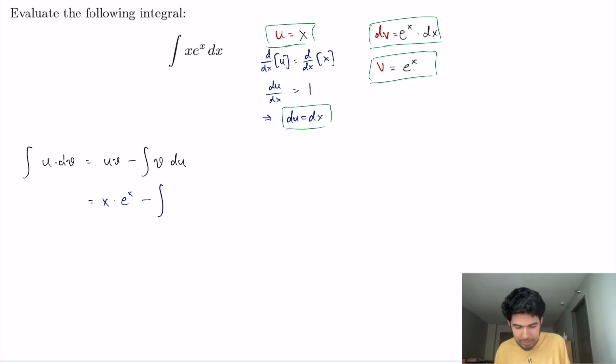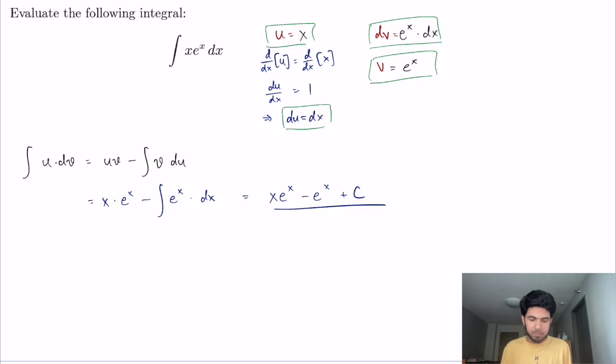We're subtracting the integral of v, which is e to the x, times du, which is dx. And now we're left with an integral that's easy to solve. The integral of e to the x is just e to the x. So this all evaluates to x e to the x minus e to the x, and then we'll tack on the plus c here, right? Because it was an indefinite integral to start with.